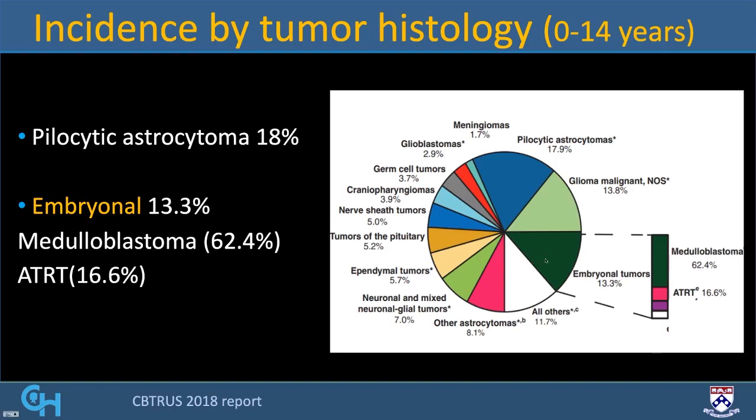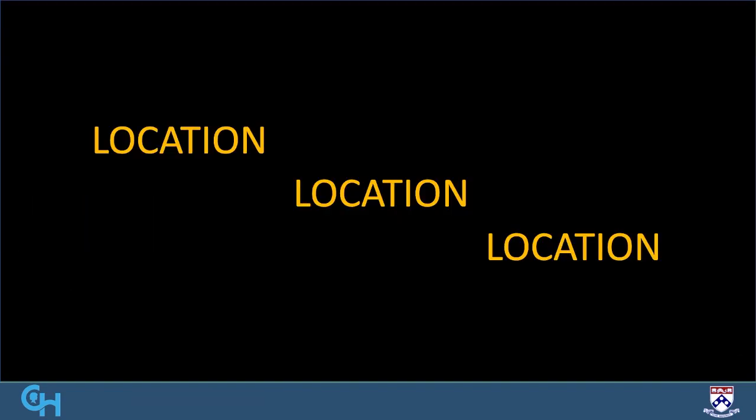Among these embryonal tumors, medulloblastoma is far more common, accounting for about 62% of these embryonal tumors, and a category which is very characteristic to the pediatric population is the ATRT group, a subgroup of the embryonal tumors, accounting for about 16% of brain tumors in children.